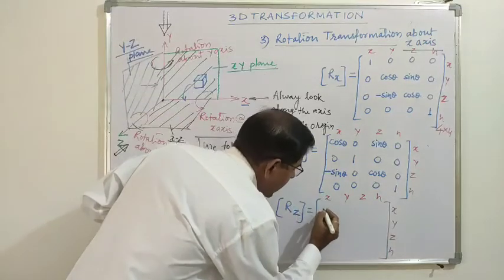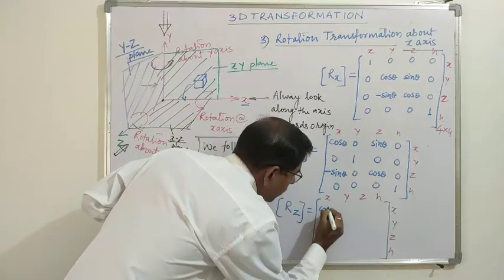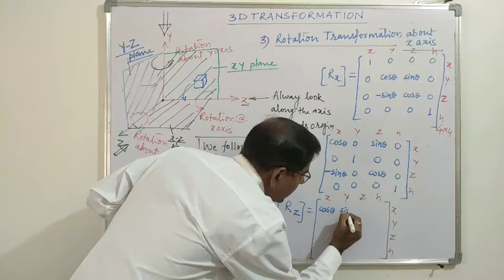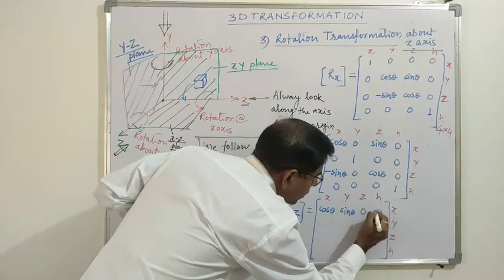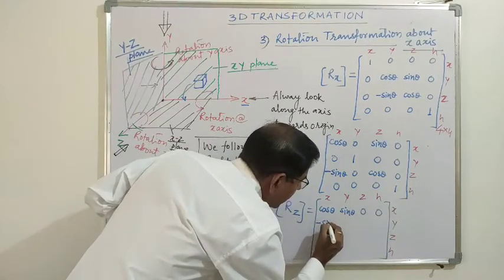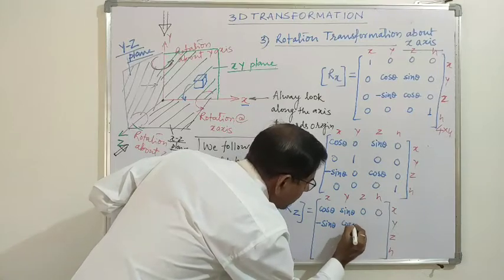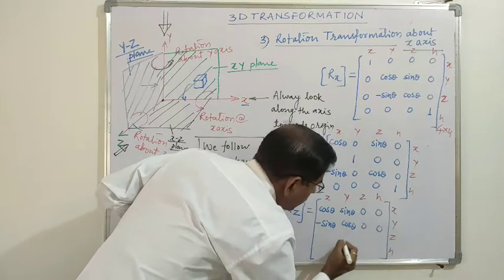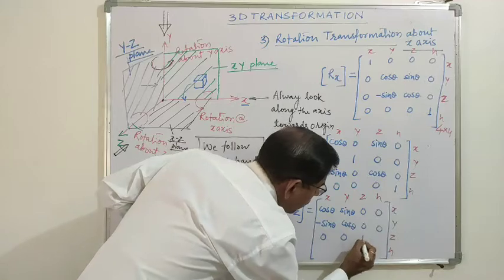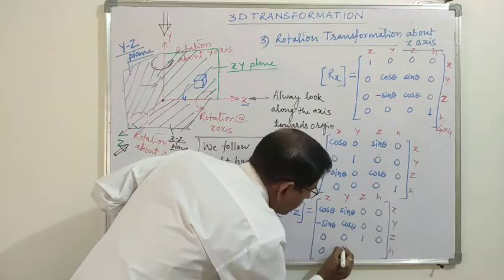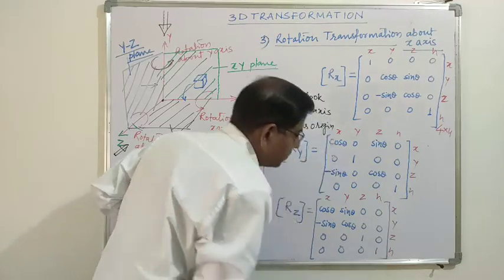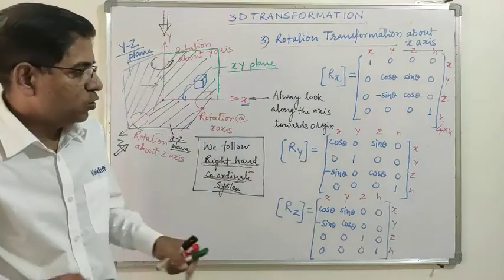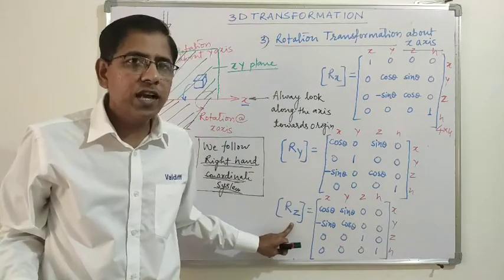The rotation about z-axis matrix is cos theta sin theta 0 0, minus sin theta cos theta 0 0, 0 0 1 0, and 0 0 0 1. Okay. So this is rotation about z-axis.